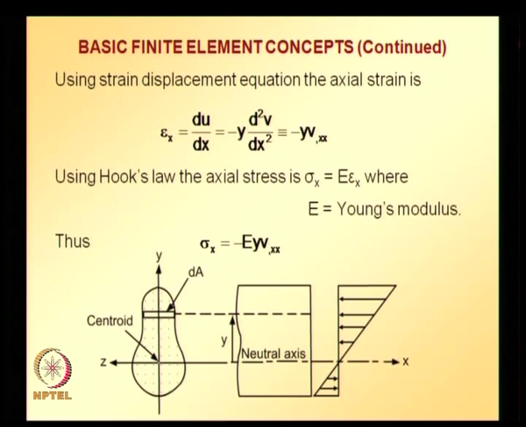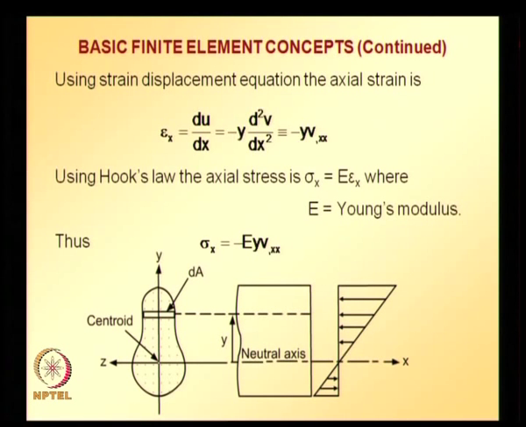Since the x axis is assumed to pass through the centroid of the section, this requirement implies that the neutral axis passes through the centroid of the section. Also, the moment equilibrium condition requires that the moment of forces acting on the cross section must be equal to the applied moment at the section.